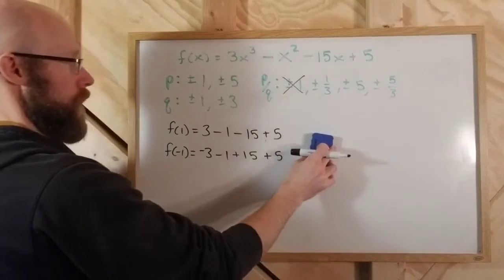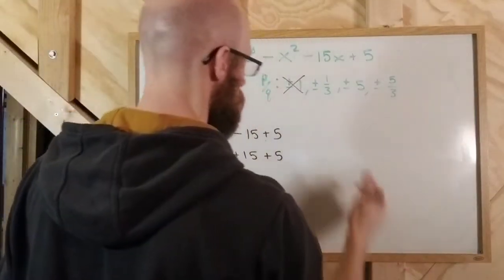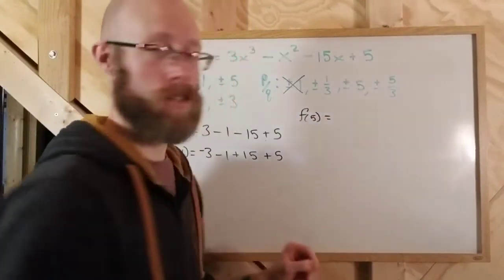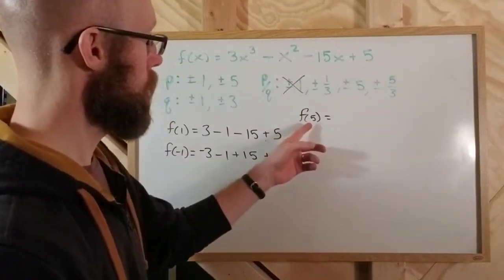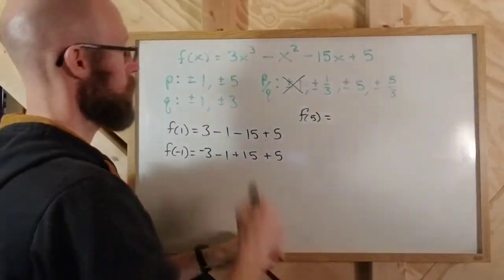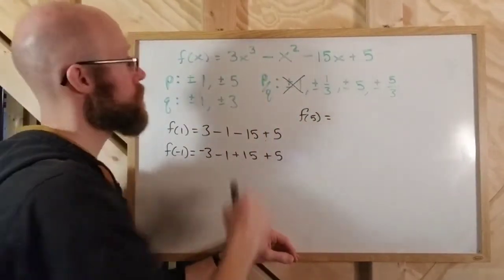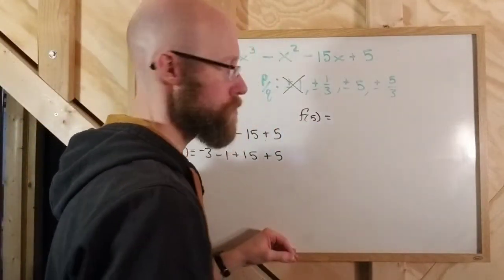Alright, now we could try the 5s. The 5s are going to take a little bit more work. I'm trying to skip the fractions here just to make that work out a little bit nicer. So if I try the 5s, if I plug that in, 5 cubed is 125 times 3. 125 times 3 is 375.